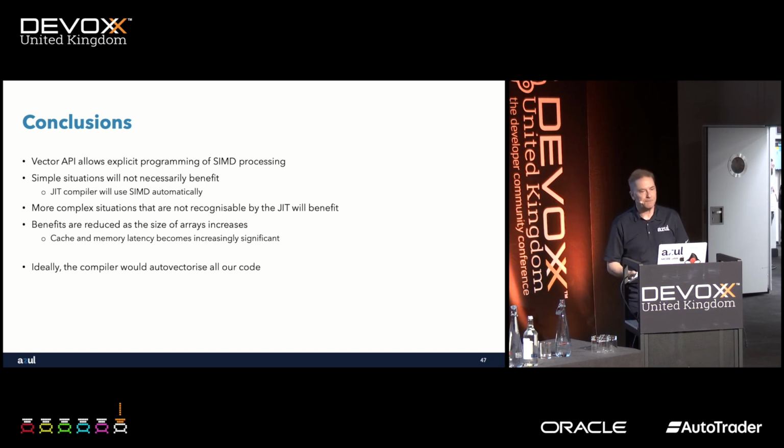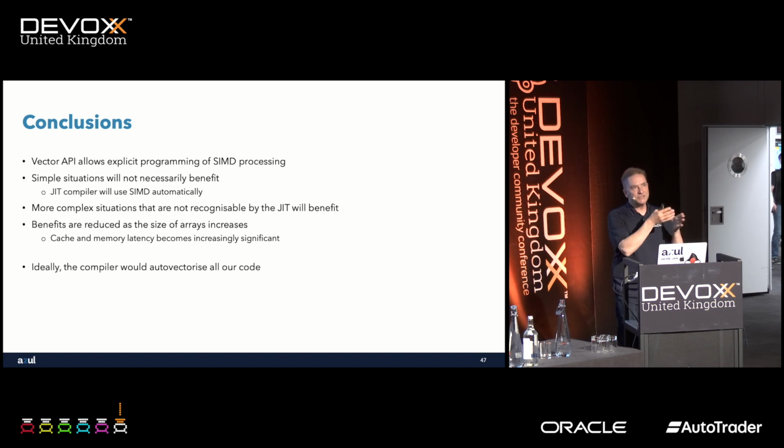Most of the time, for simple operations, the JIT compiler is going to recognize it and auto-vectorize it, so you probably don't get much benefit. For more complex things, especially where you've got branches and conditionals, it really does come into its own and generates code that is better in terms of performance than the JIT compiler will generate for you.